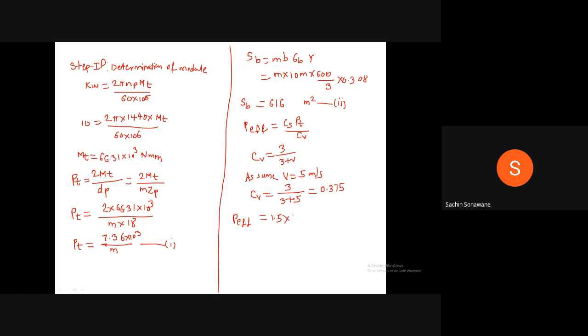What is PT? 7.36 into 10 raised to 3 divided by M into 1 divided by 0.375. Therefore, calculate P effective in terms of M. Give this as equation 3.